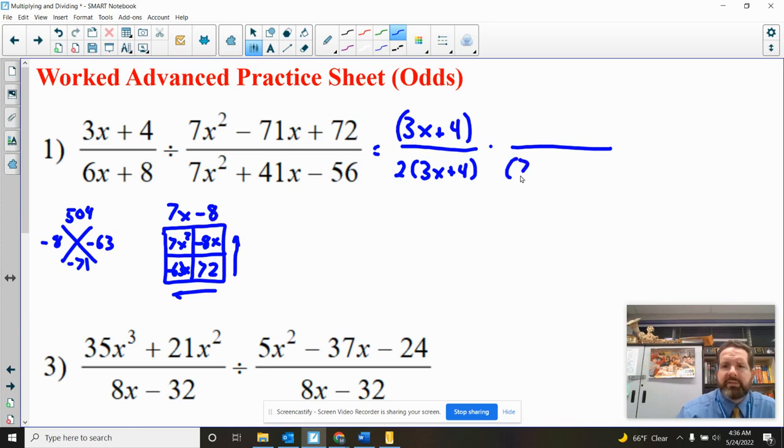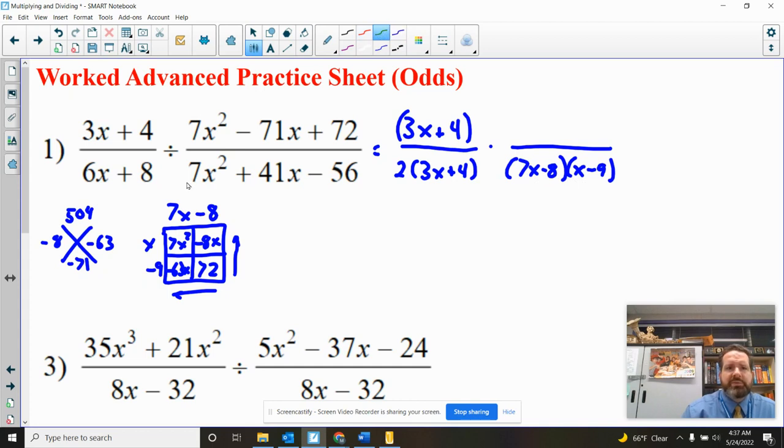So there's one factor. And then these have in common a 1x and a minus 9. And just a quick check, right? So it'd be 7x squared minus 63x minus 8x plus 72. Works out okay. So that was the original top, which now became the new bottom.